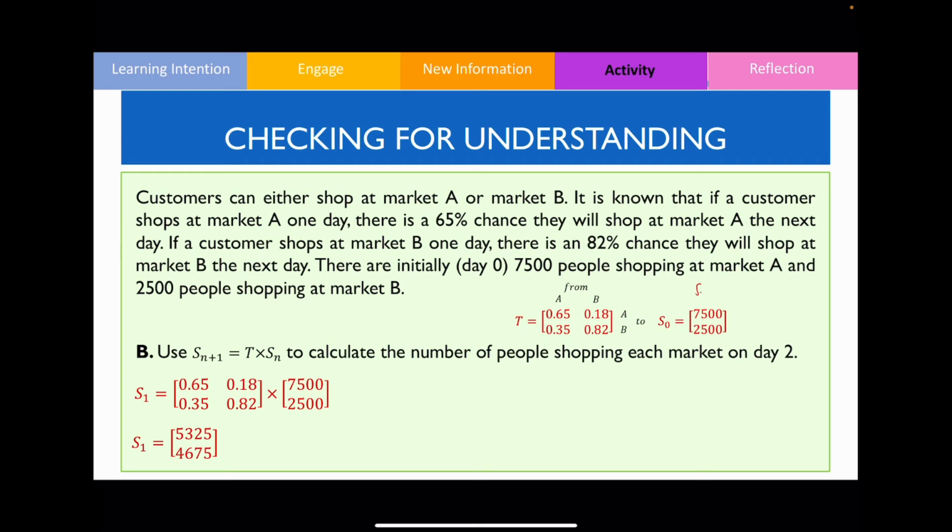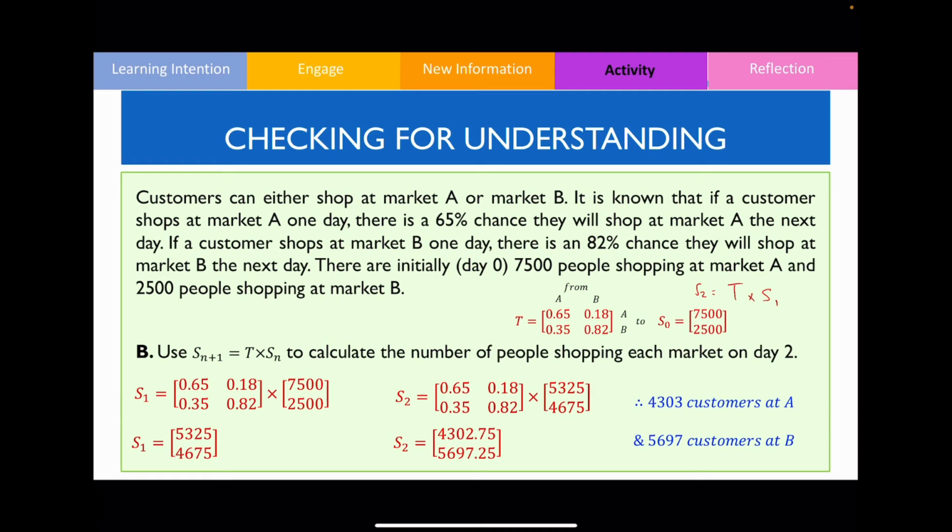Remember, S2 can be found by multiplying the transition matrix by S1. If you do that, you will arrive at this answer. Now we need to write our answer as a worded statement. Keep in mind, we need to round these values to the nearest whole number. So I'm going to say that there's going to be 4,303 customers at shop A, and there's going to be 5,697 customers at shop B.